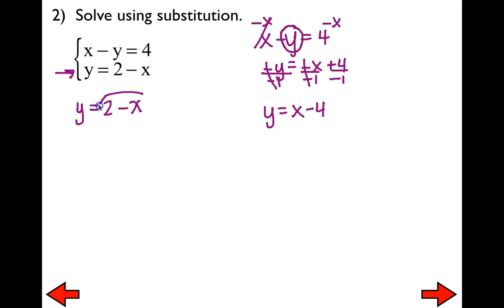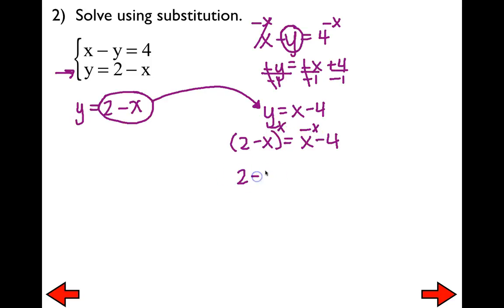So I'm going to take this expression here and substitute it in for y. So now I'm going to be left with 2 minus x equals x minus 4. So you're going to first move the x over to the left by subtracting x from both sides, leaving me with 2 minus 2x, this goes away, equals negative 4.